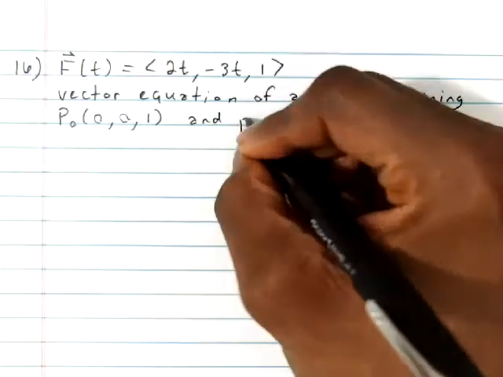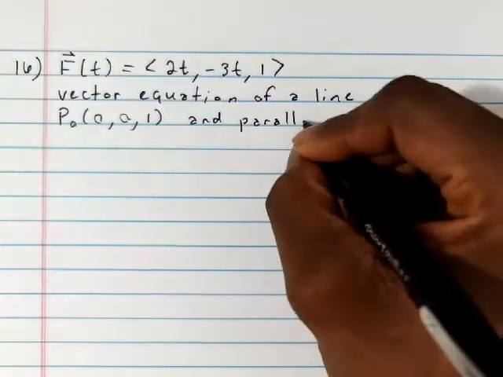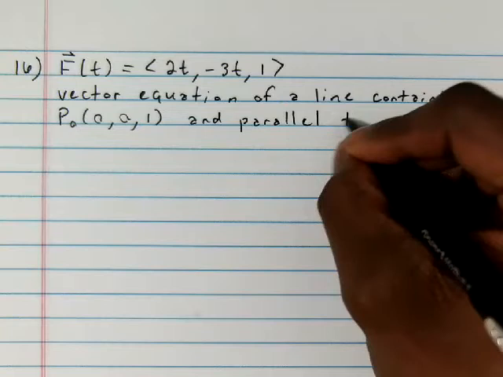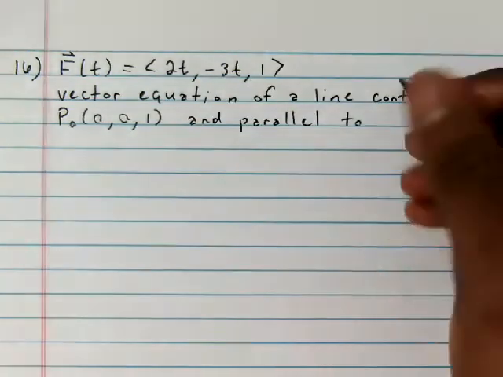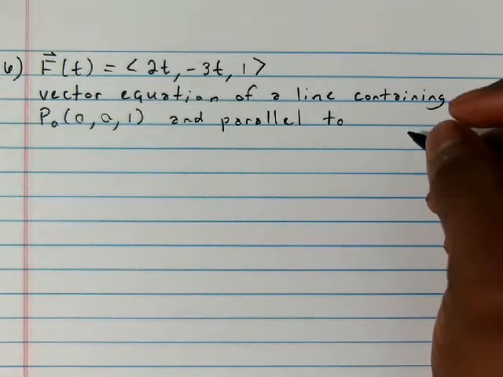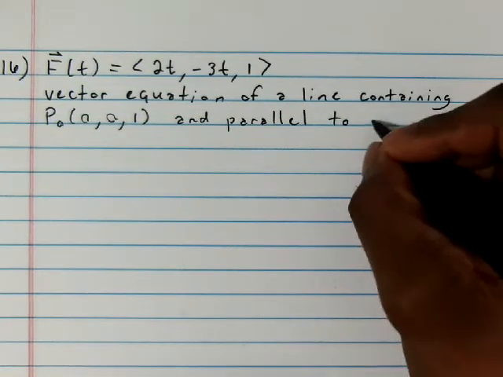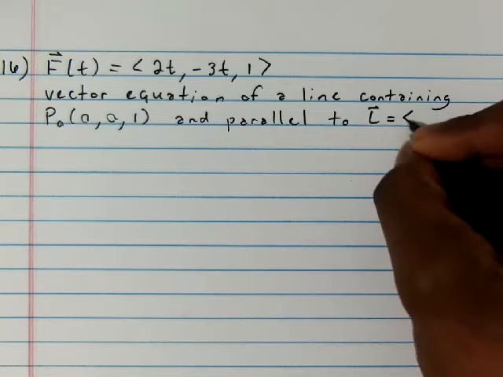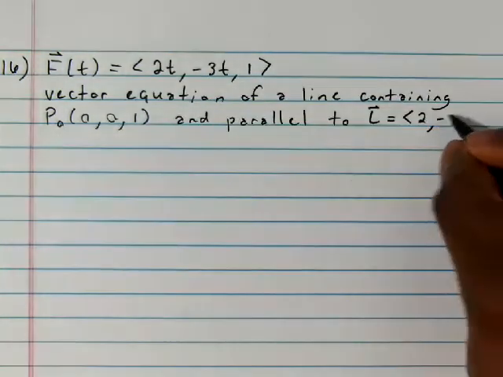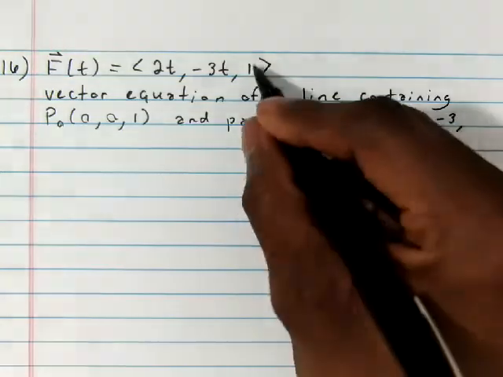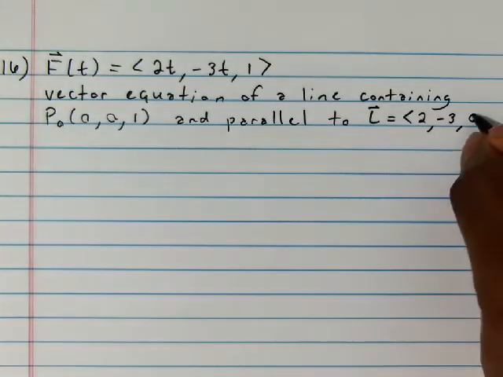And parallel to the vector L, which we can also pull out of here fairly easily. Parallel to L, which our A is 2, our B is -3, and our C is 0 because there's no t there.